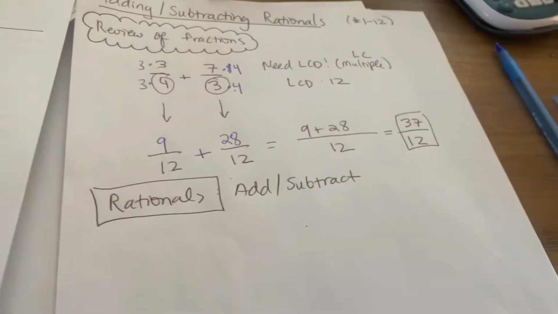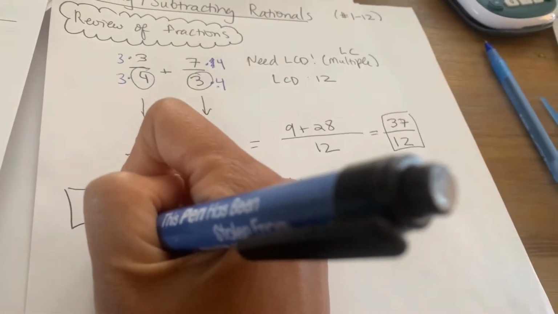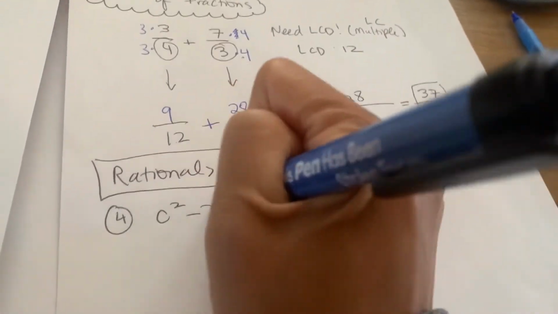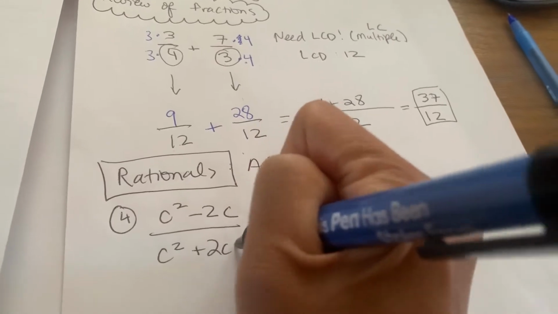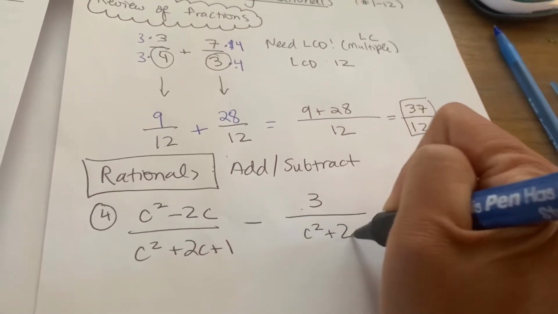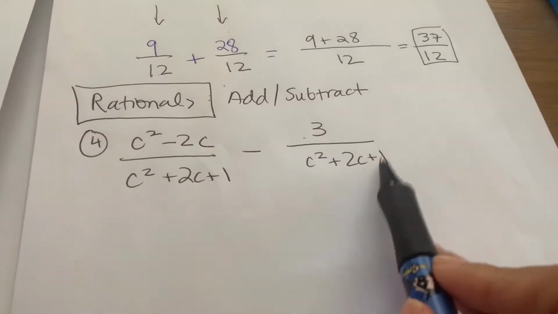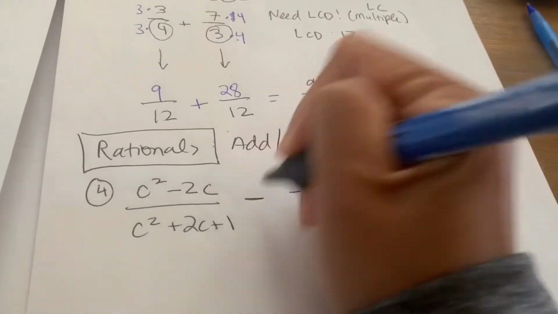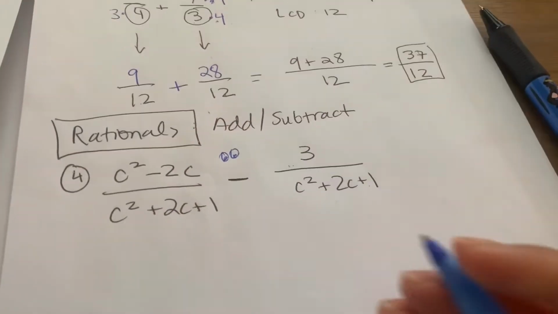So let's take a look at number 4 in your worksheet. I have c squared minus 2c minus 3 all over c squared plus 2c plus 1, minus... Notice that the denominators are the same. First, I ask myself, am I adding, subtracting, multiplying, or dividing?